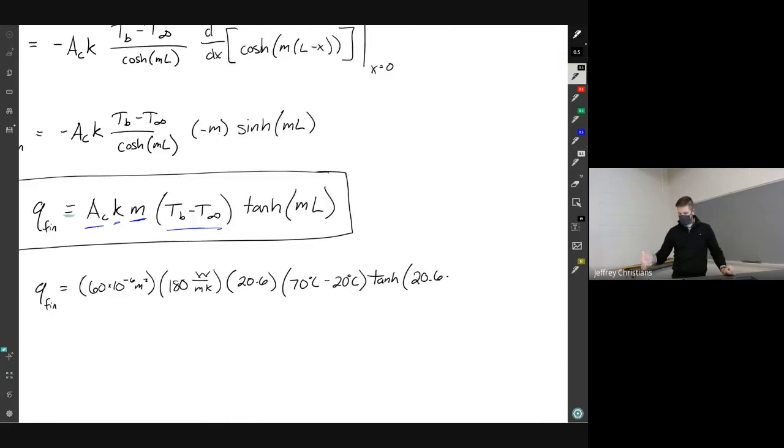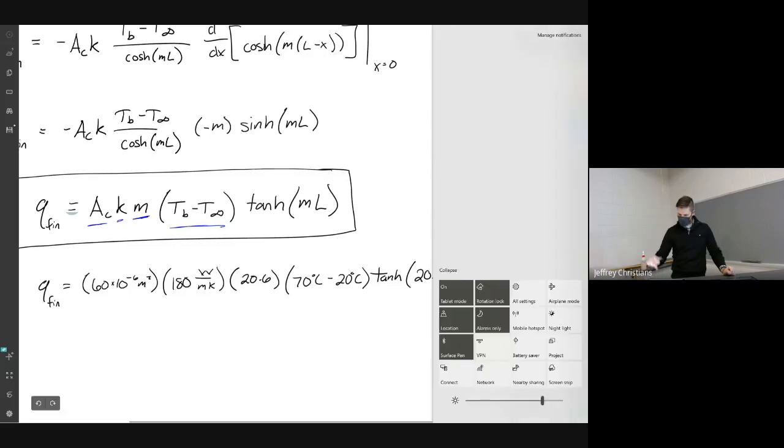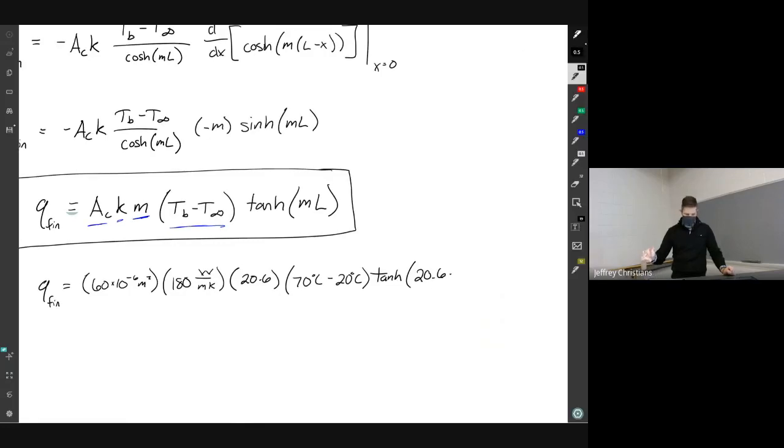What was it, 15 millimeters? 25 millimeters? 15 long? Okay. So 15 times 10 to the minus 3 meters. Okay, so we could plug all of that in.